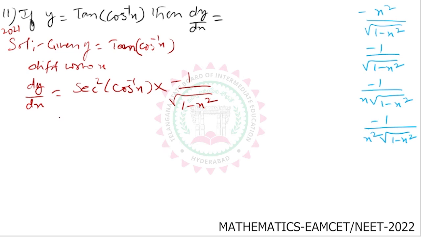So sec square as it is, cos inverse x is nothing but sec inverse of 1 by x, right, into minus 1 by root of 1 minus x square.